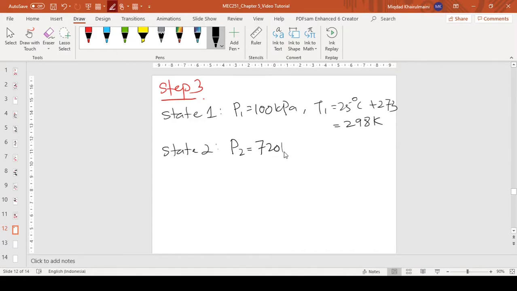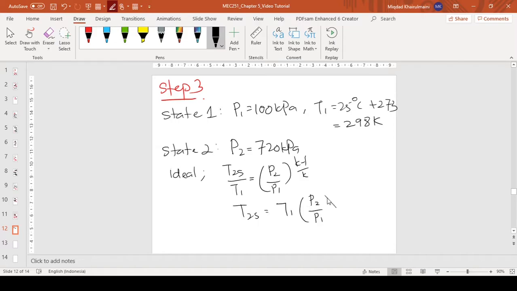Okay, and since there is no isentropic efficiency, we have to find it for the ideal condition only. Using the equation T2S over T1 equals P2 over P1 to the power (k minus 1) over k, we can calculate T2S.